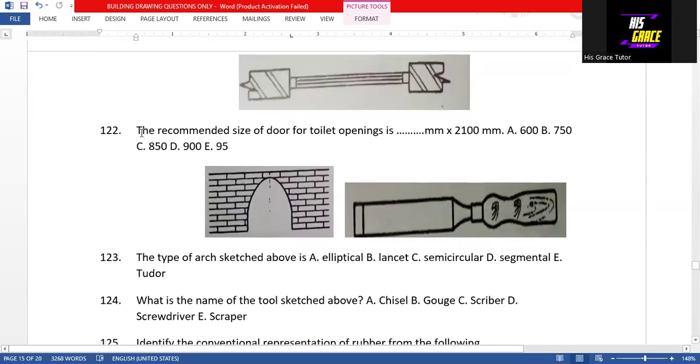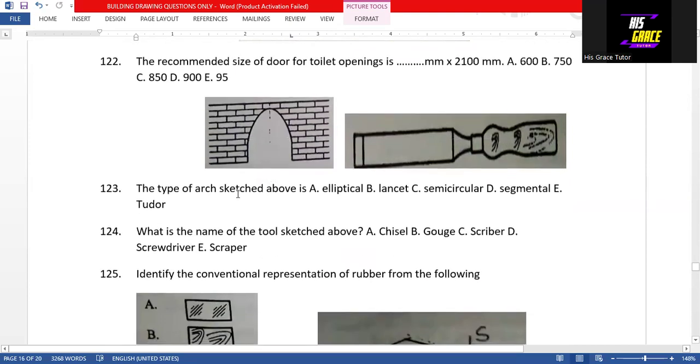Then question 122, the recommended size of door for toilet opening is 750. Okay, 750. Then question 123, the type of arch sketched above is a lancet arch. That is option B, the answer to question 123.